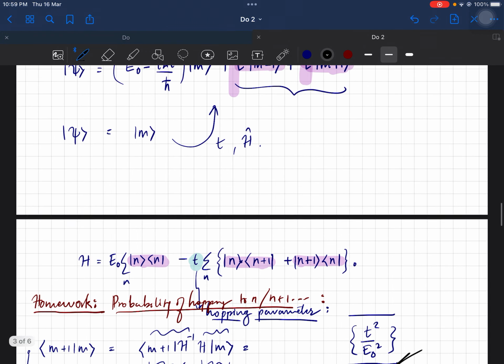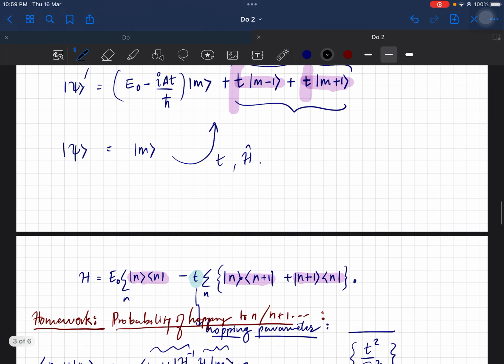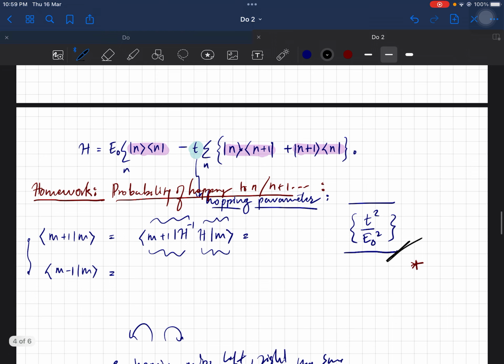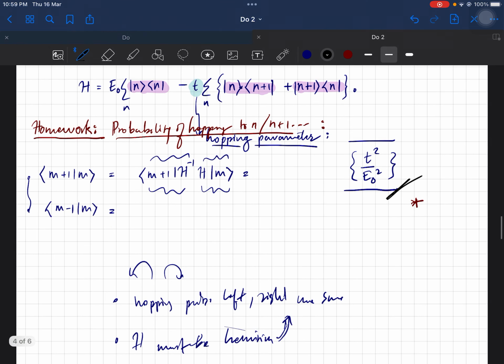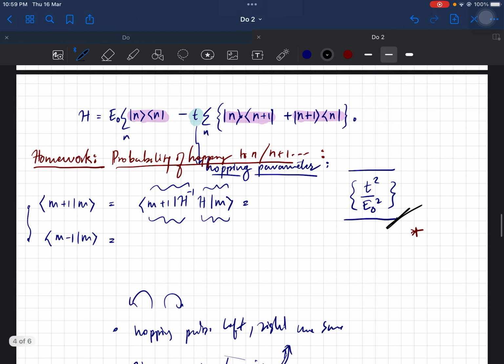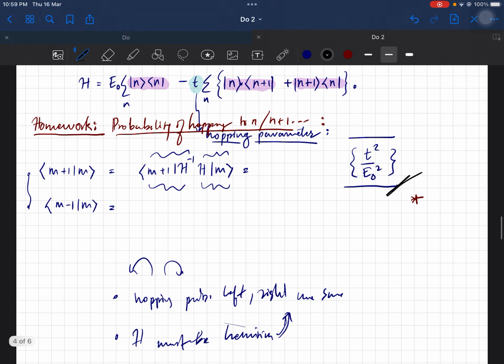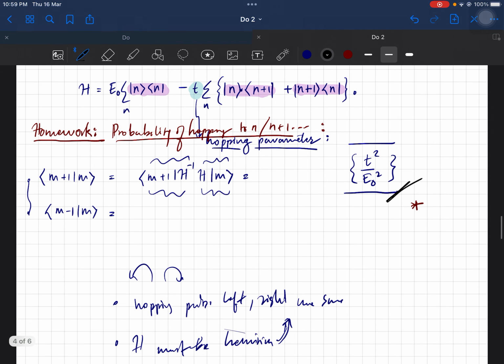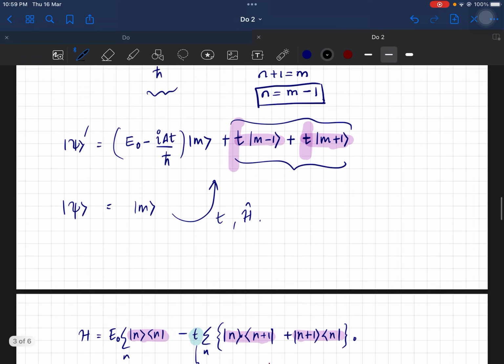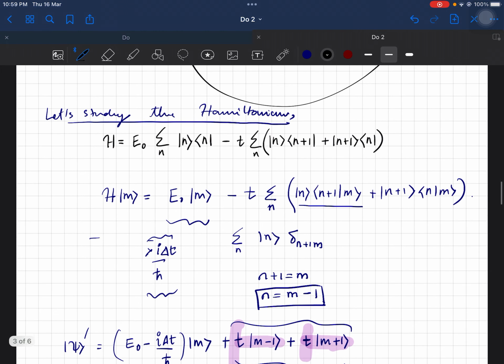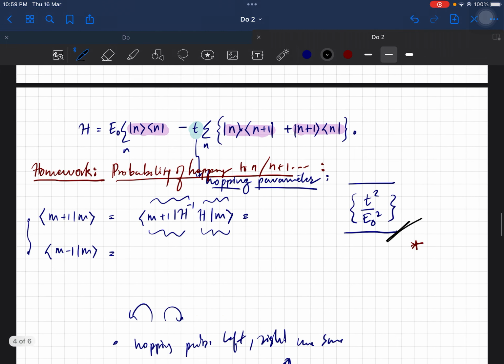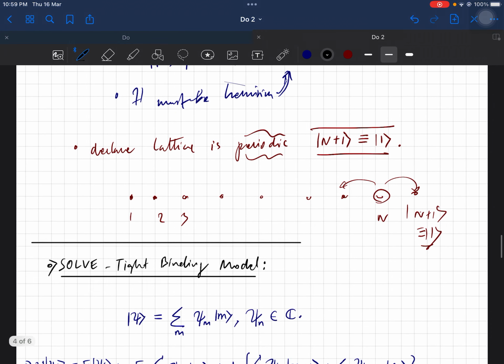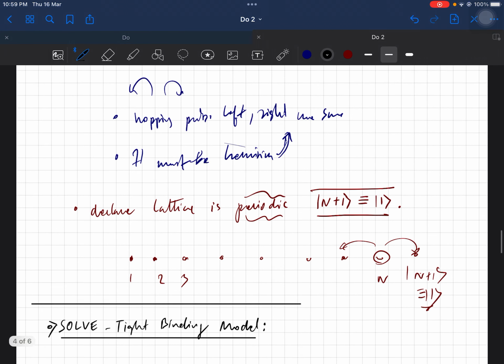I might prove it some other time, but as of now I understand the Hamiltonian reasonably. I found the need of these cross n plus 1 n exterior products. They will essentially help us in getting H on m to be mixed with its neighbors.